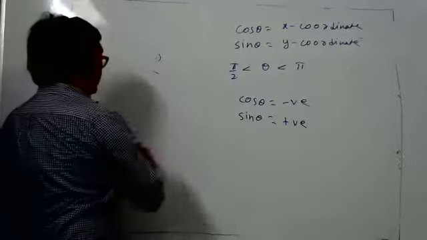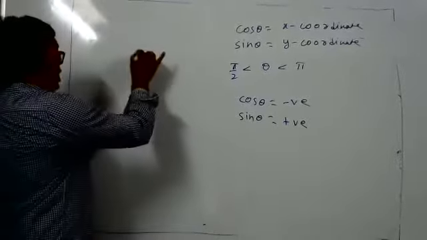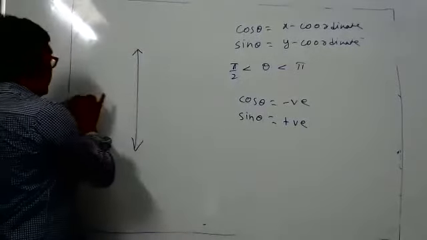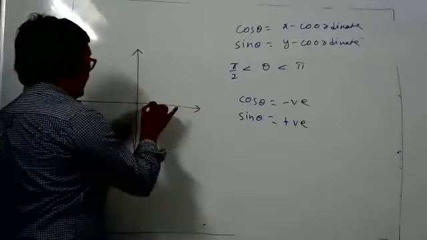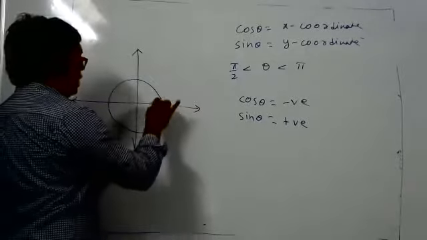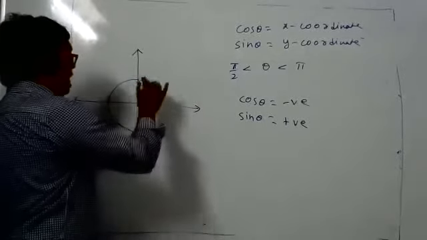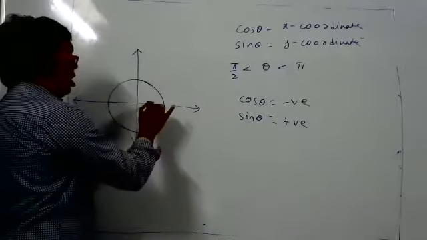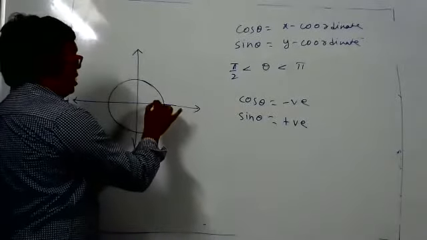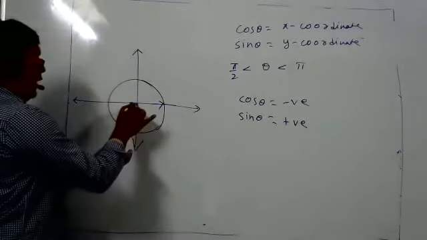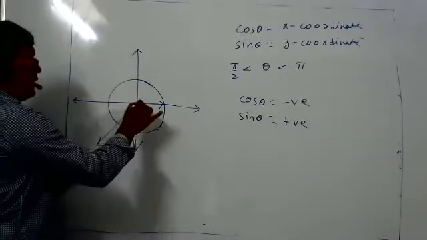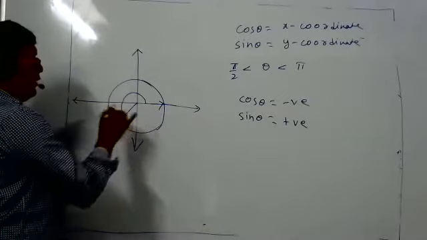Third quadrant, see here. Now suppose the angle lies in the third quadrant. This is the initial side and the terminal side will be in the third quadrant. This is the angle, correct?